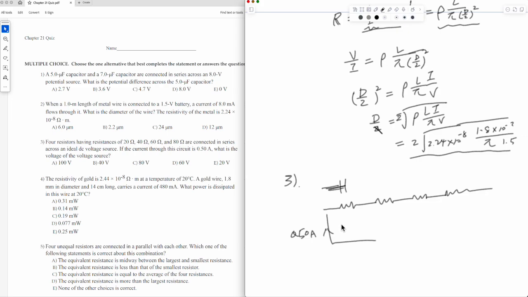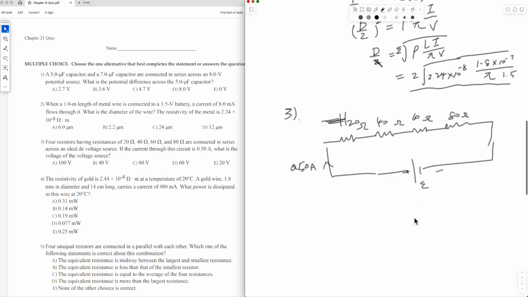What is the voltage of the voltage source? So this will be 20, 40, 60, okay, so those are ohm. 80 ohm, okay, so connected with a voltage source. We don't know. And looking for EMF.